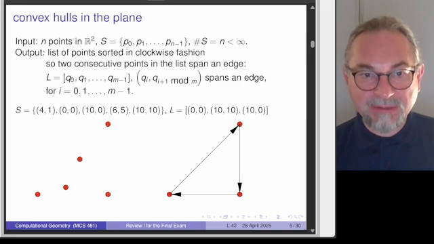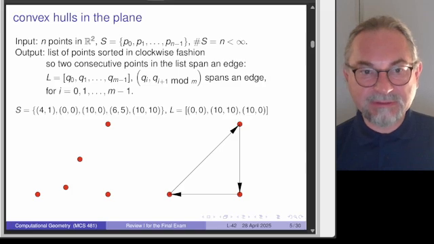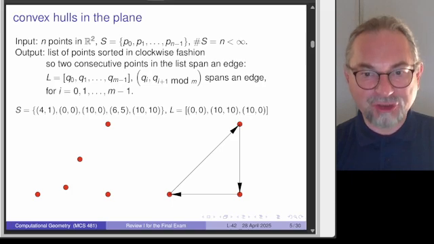In the beginning of the course, we talked about constructing convex hulls, and we saw that this actually corresponds to ordering the points that span the convex hull, ordering them in such a way that two consecutive points span an edge.